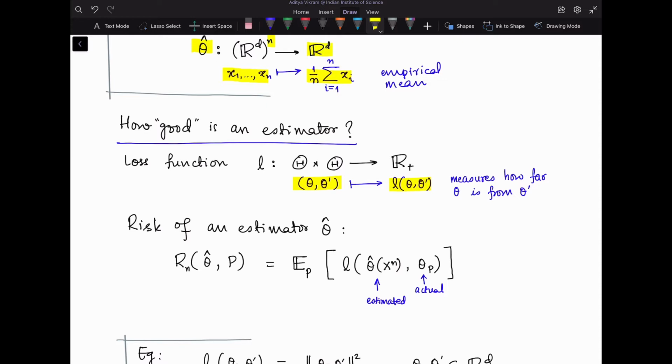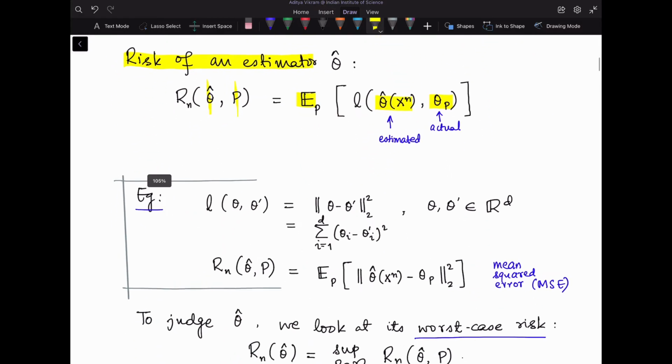And once we have this loss function, we can now define something called the risk of an estimator. The risk of an estimator theta hat at P is the expected loss between what is estimated by theta hat and the actual parameter, which is theta P.